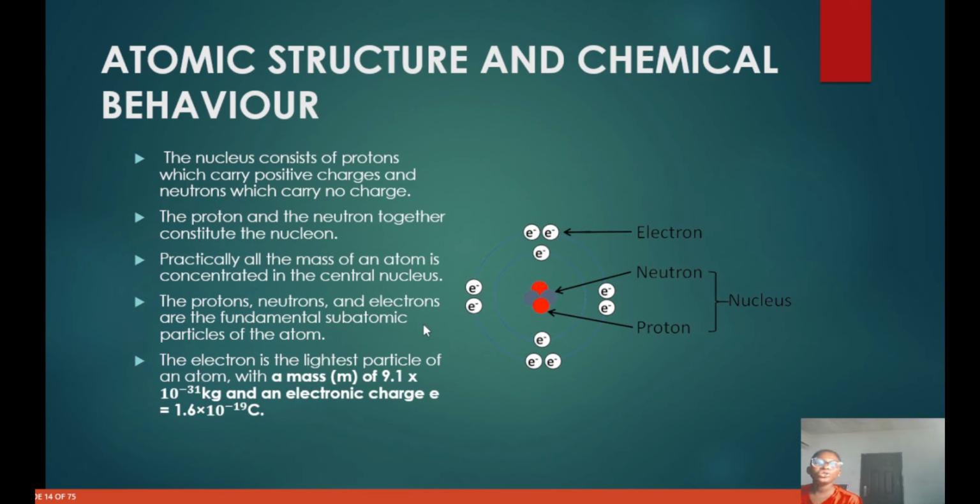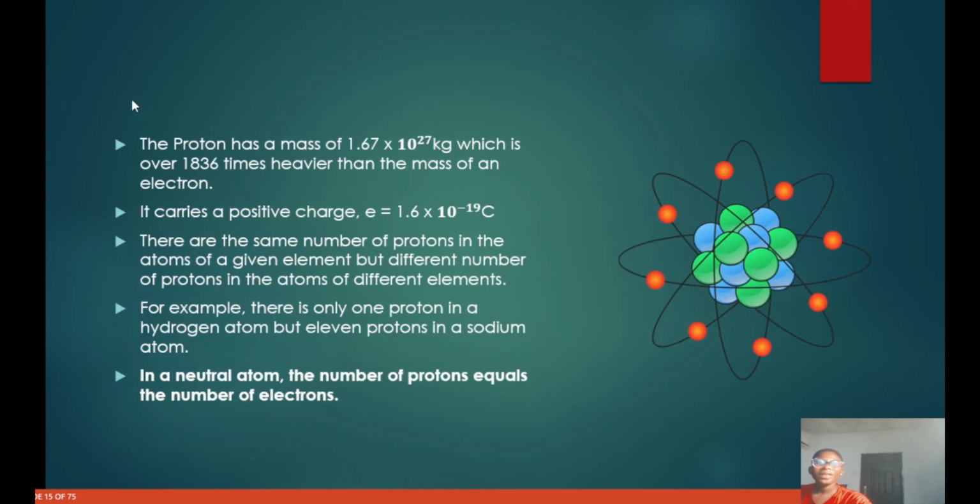But the electron is so small. The major mass of the atom is based at the center, at the nucleus of the atom. The proton has a mass of 1.67 times 10 to the power minus 27 kg. You can see how big the proton is, which is about 1,836 times heavier than the mass of the electron.